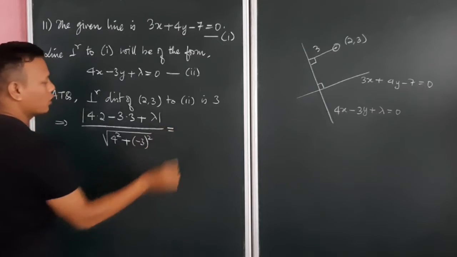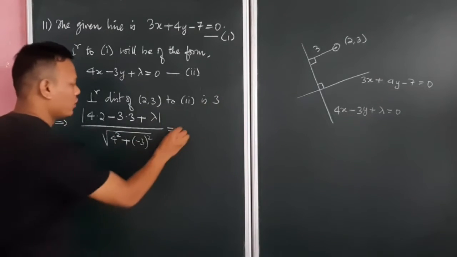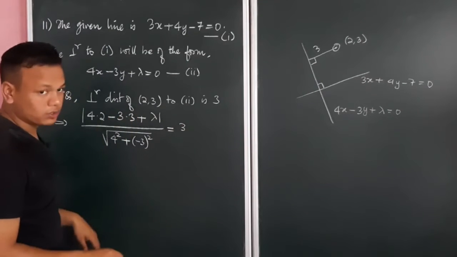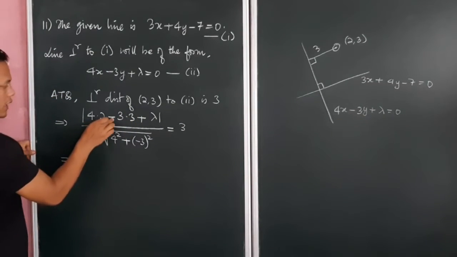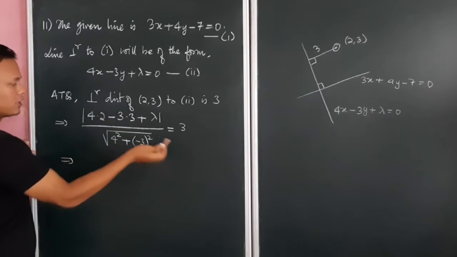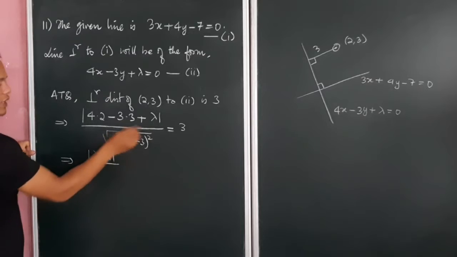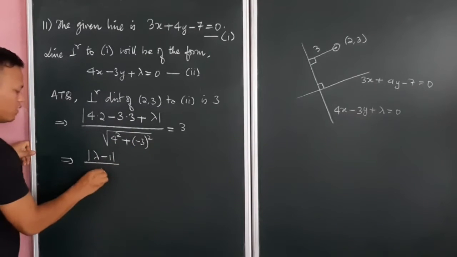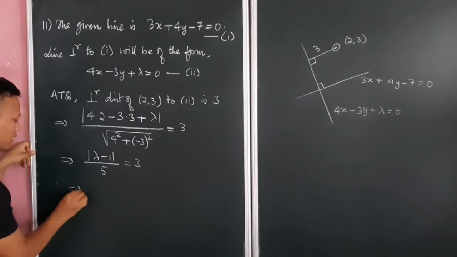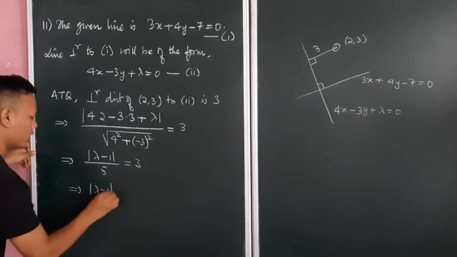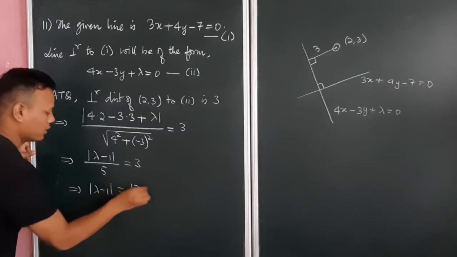This is the perpendicular distance, and it is equal to 3. From here we will calculate the value of lambda. 4 into 2 is 8, 8 minus 9 is minus 1. So altogether this is lambda minus 1 over the square root of 16 plus 9, which turns out to be 5. So lambda minus 1 equals 3 into 5, which is 15.